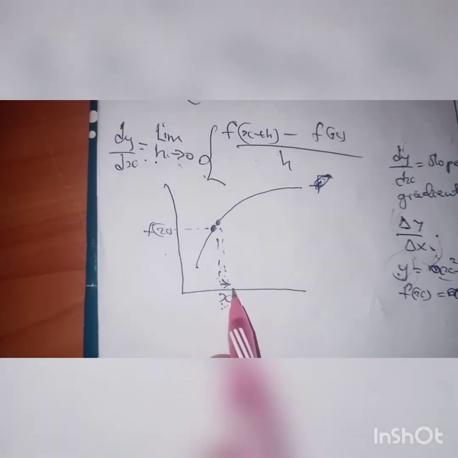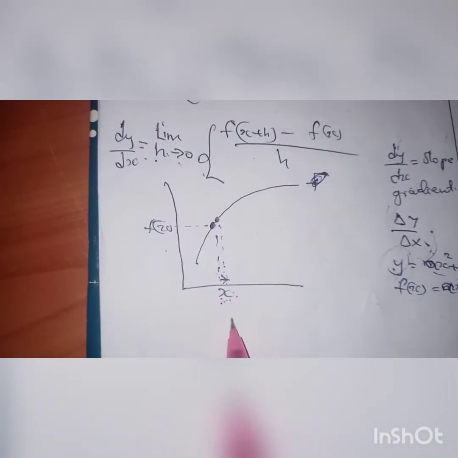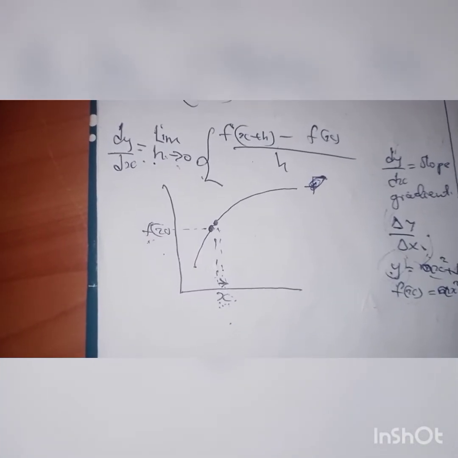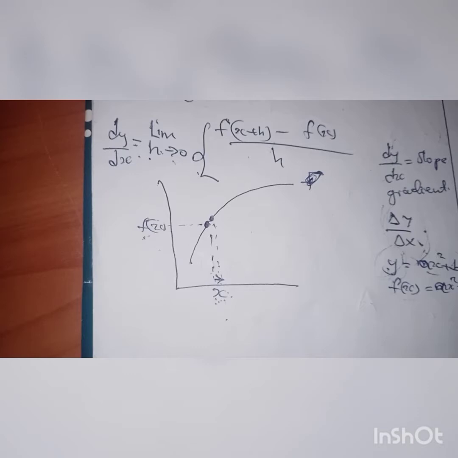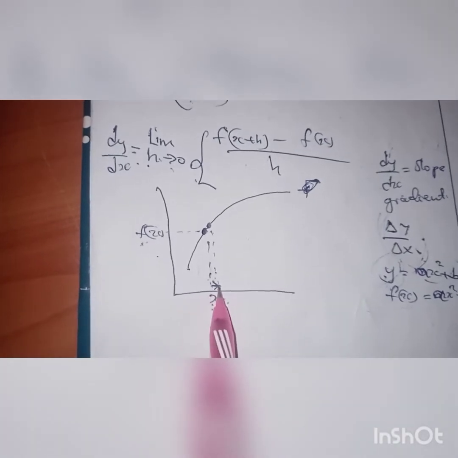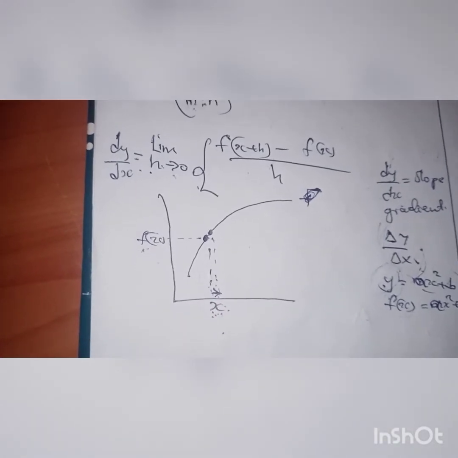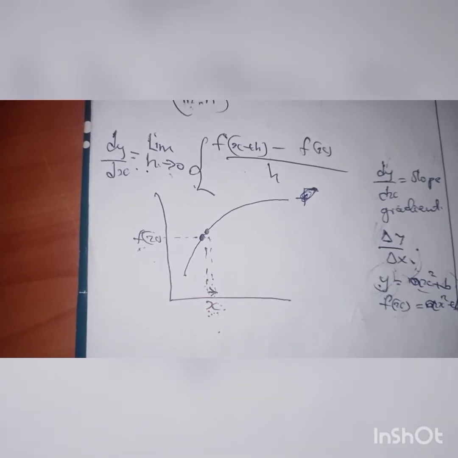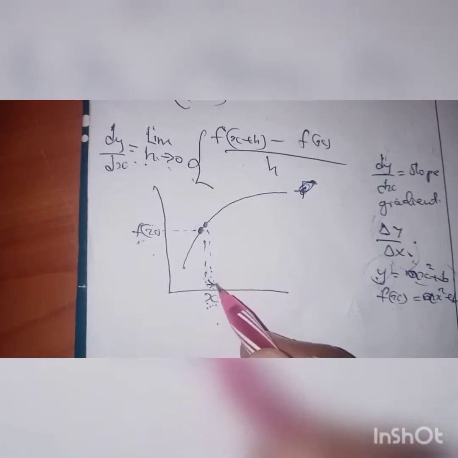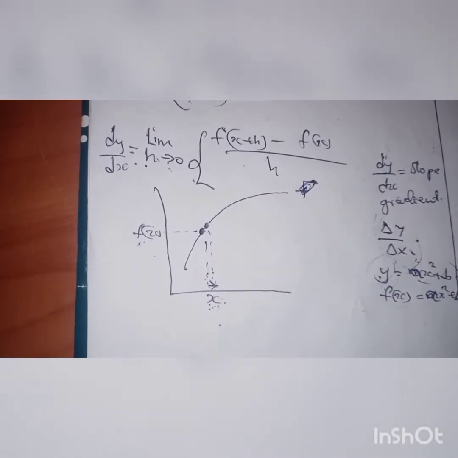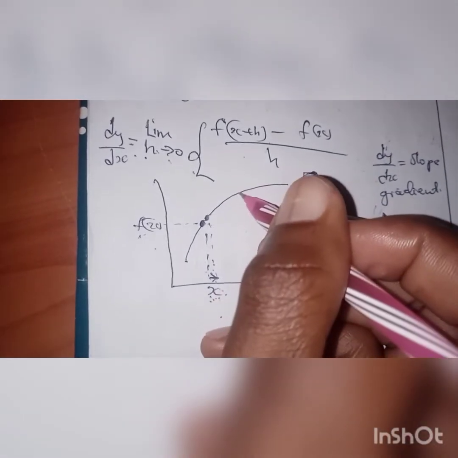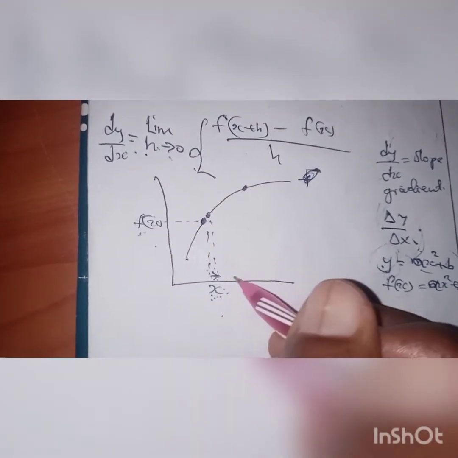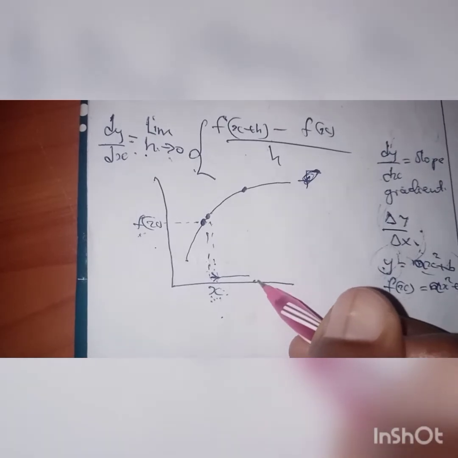When you use the function of x, you just get your y. Since this change is very small, it is difficult to illustrate, so let's exaggerate the small change being at a point so that we can illustrate. Let's assume the small change is there.